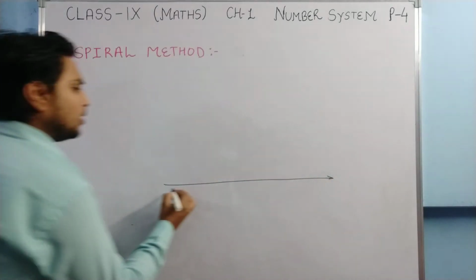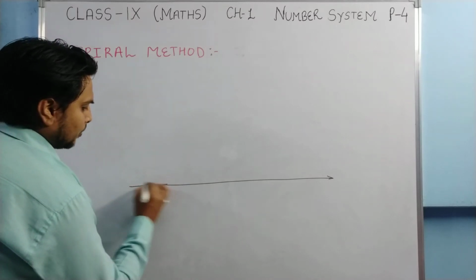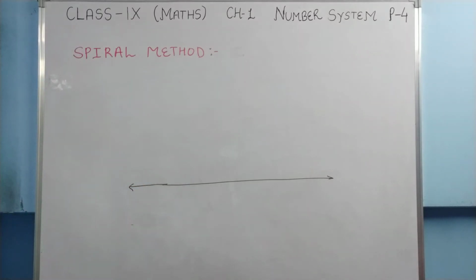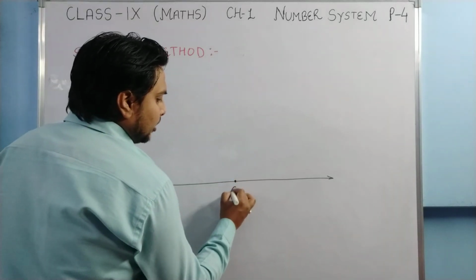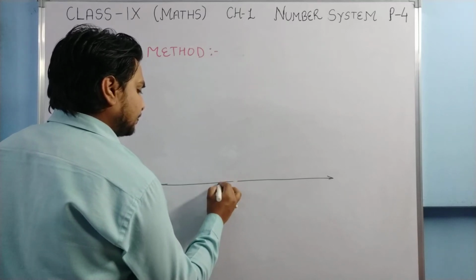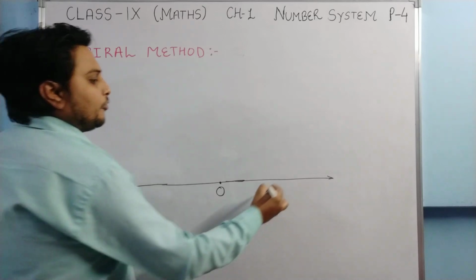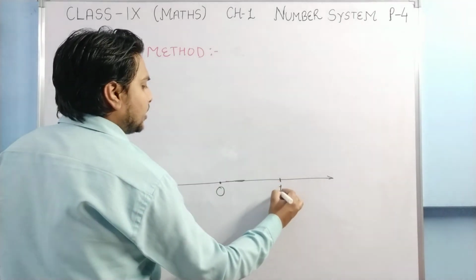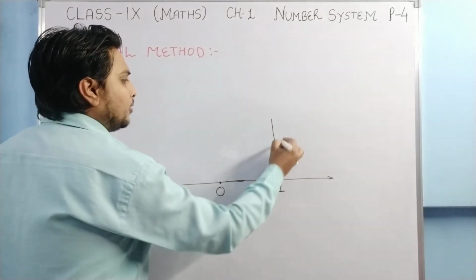Suppose this is your number line, and 0 is here. The 1 unit that you have taken as base is here, and perpendicular 1 unit is here.